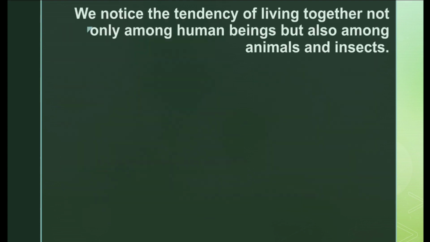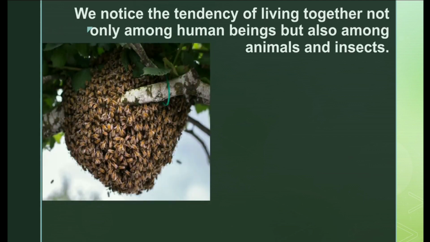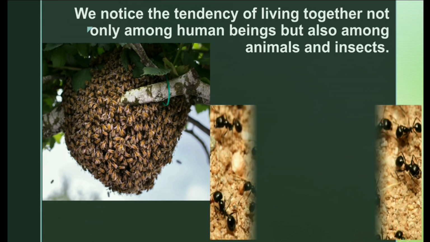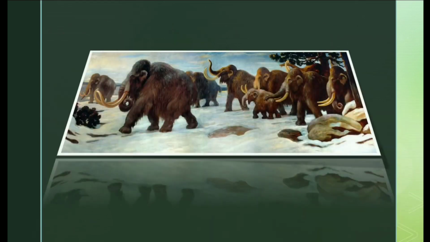So we notice the tendency of living together not only among human beings but also among animals and insects. They are like the honeybee and the ant. The mammoth.